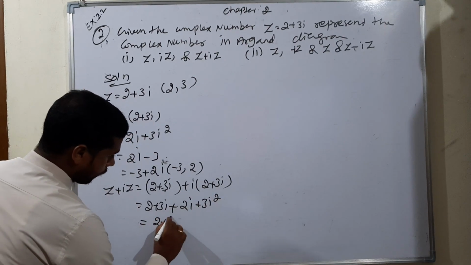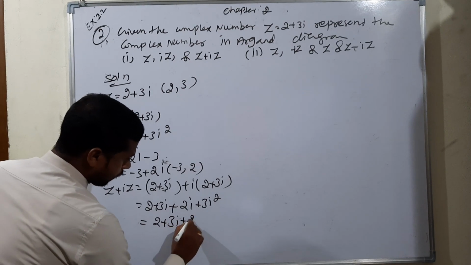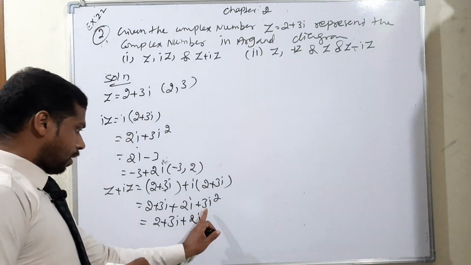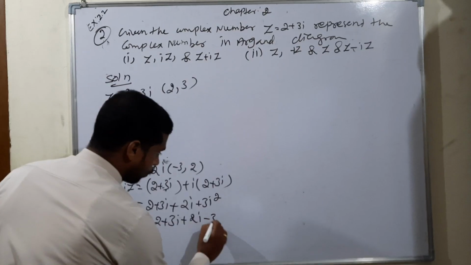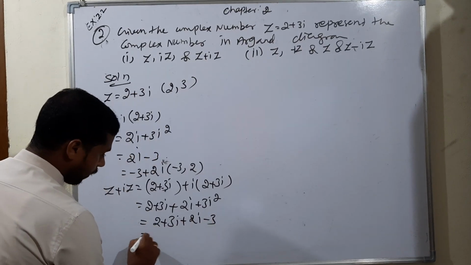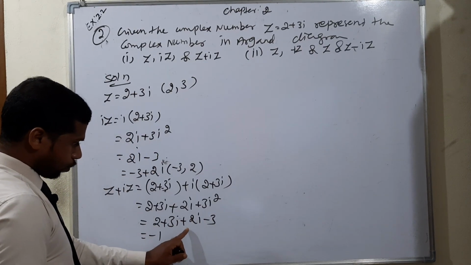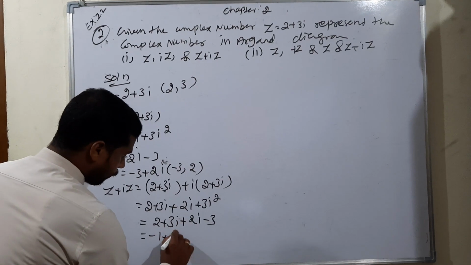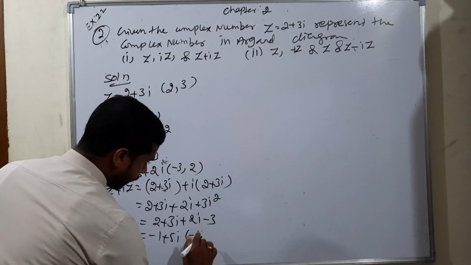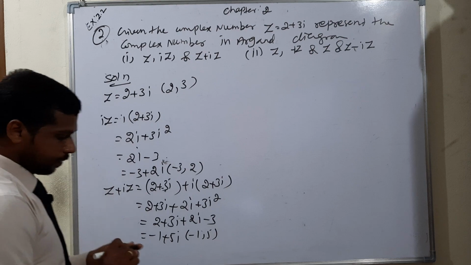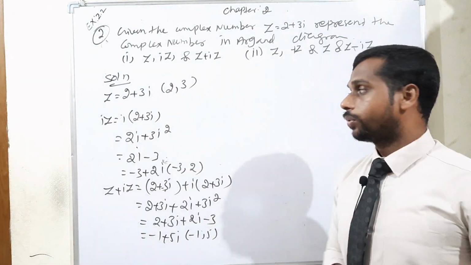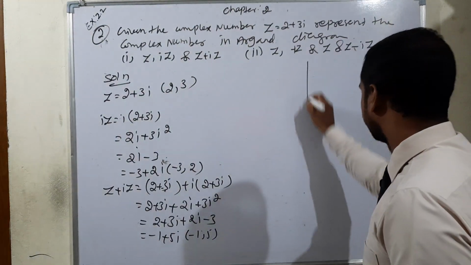So 2 plus 3i plus 2i, then i square means minus 1. We can write minus 3. Therefore 2 minus 3 is minus 1. Again 2i plus 3i means positive 5i. This is the coordinate point minus 1 comma positive 5. So the 3 answers we have to draw in the Argand plane.